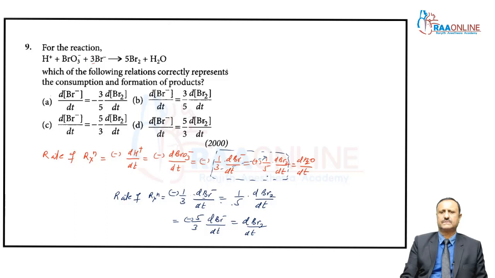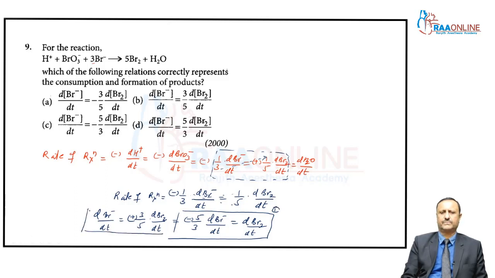In all the options, dBr minus upon dt equals 3 by 5 with a plus sign, dBr2 upon dt. So you get two relationships, number 1 and number 2.